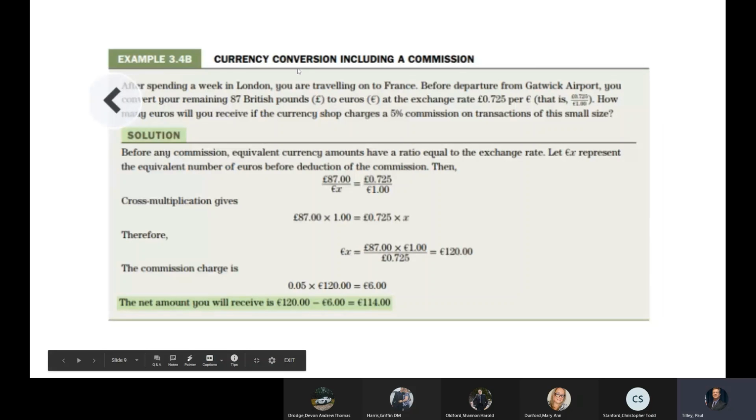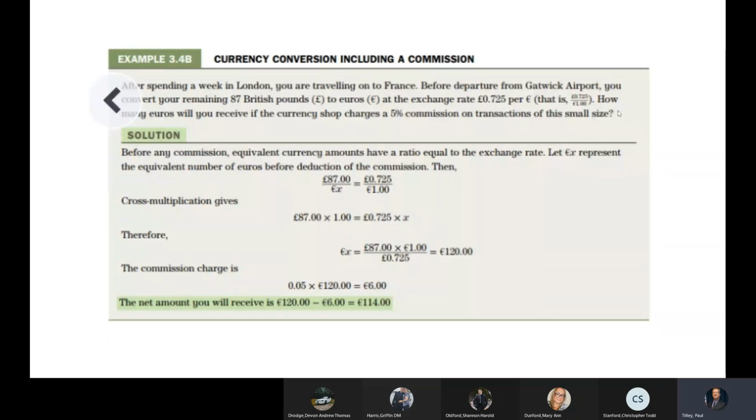And then we've got, after spending a week in London, you're traveling to France. Before departure from Gatwick, you convert the remaining 87 pounds to euros at an exchange rate of 0.725 pounds per euro. How many euros will you receive if the currency shop charges 5% commission?